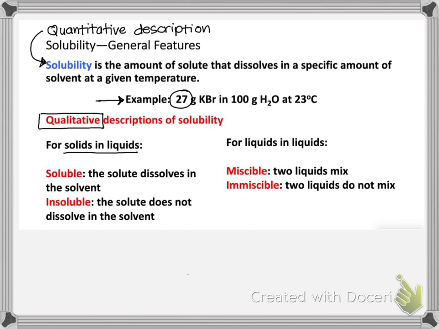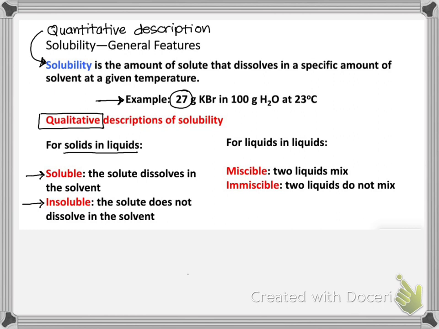So if the solute dissolves, we describe that as being soluble. And if it does not dissolve, we describe that as being insoluble. So again, it's not quantitative because I'm not telling you how much I added or even the temperature. It would just be simply saying that when these two things are mixed, they did or did not dissolve.